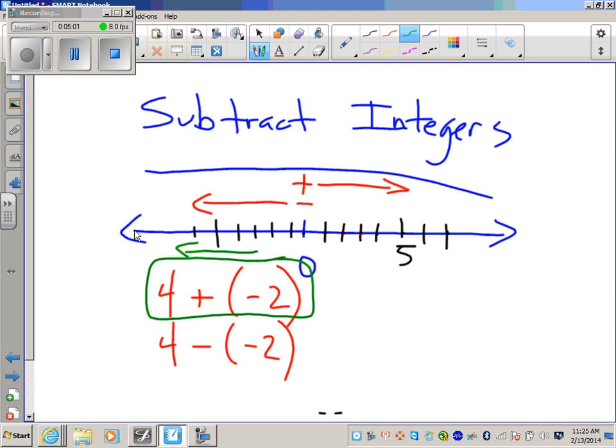So why then, if you're doing the opposite operation, would you move the same way? So no, you're going to go to the right. It's like adding. In other words, when you subtract a negative, you can just make both of those subtraction signs a positive. You're just adding a positive. Easier than last time.